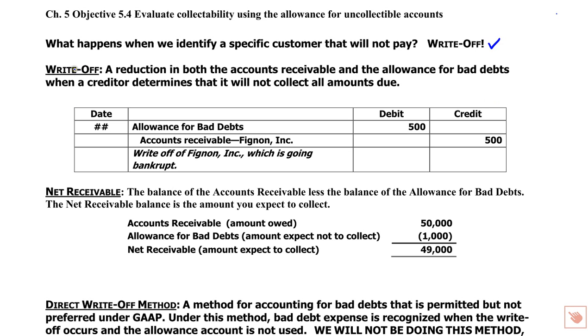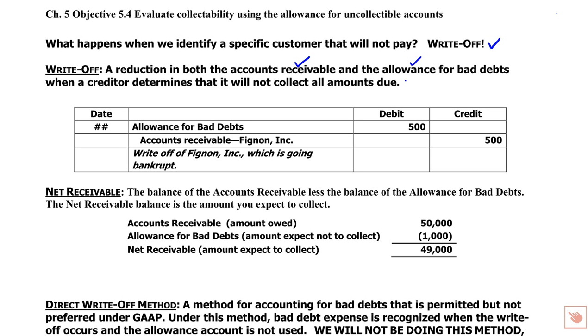Now, a write-off, what it means, we're going to write something off of the accounts, and it reduces the accounts receivable and the allowance. So when the bad thing happens that we predicted was going to happen, we don't recognize the expense. The expense was recognized when we estimated it, and the allowance allows for the bad thing to happen.